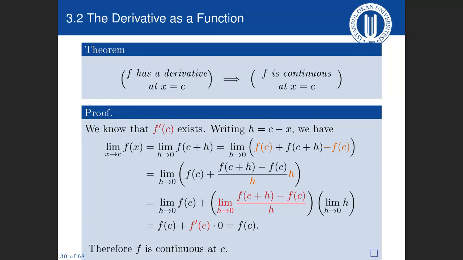This red limit is the definition of the derivative of f at the value c. This red limit is just f prime at c. And for the third limit, the limit of h as h tends to 0 is just 0. So we have that the limit as x tends to c of f of x is equal to f of c. And this proves that f is continuous at c.